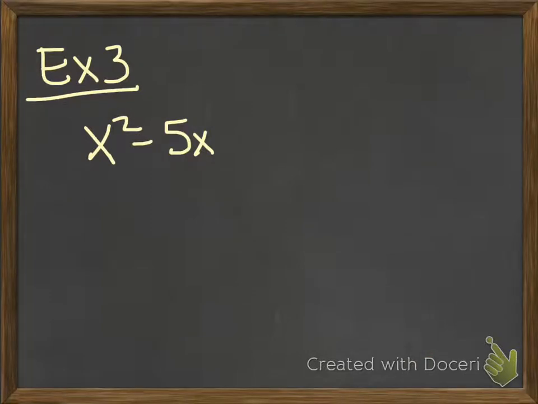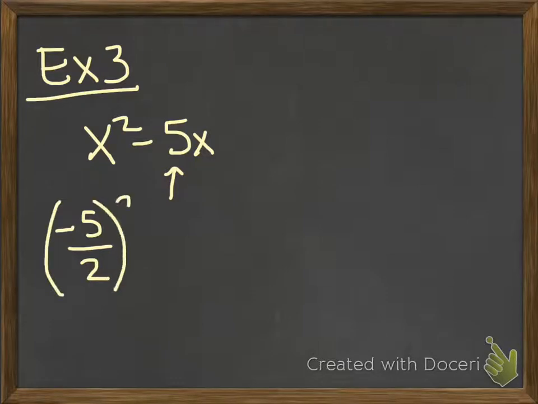Okay, in example 3 we have something that is not divisible by 2 evenly. But we're still going to take half of the middle number. So we take negative 5 and cut it in 2, that's half of it. And then you're going to square it.